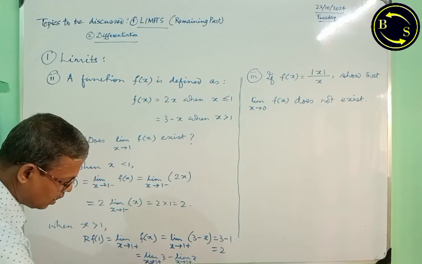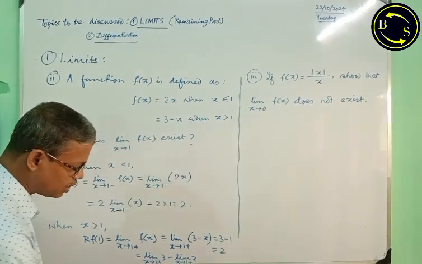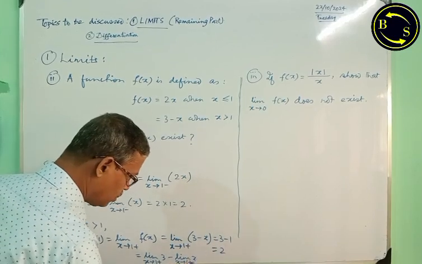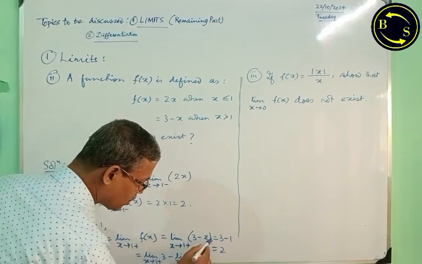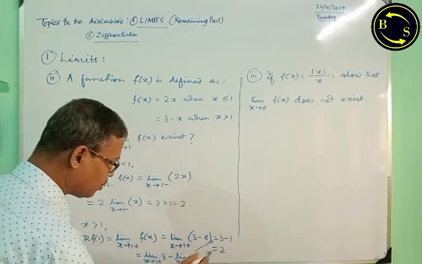Then this is limit of a constant, as per theorem we have discussed, that is equal to 3, and for this one we can write this step earlier than this and we get 2.